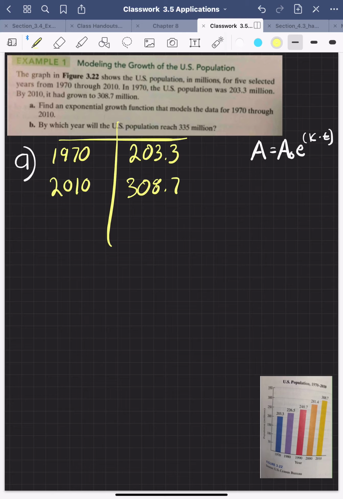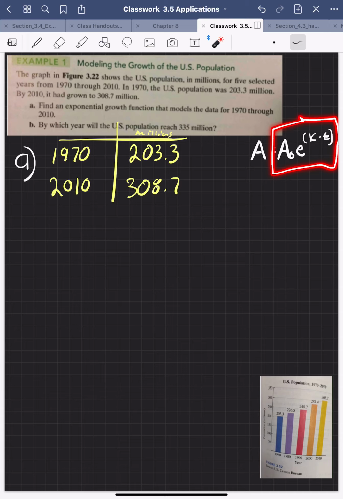Right, so this is in millions. All right. So let's figure out what it is that we have and what it is that we will be solving for.